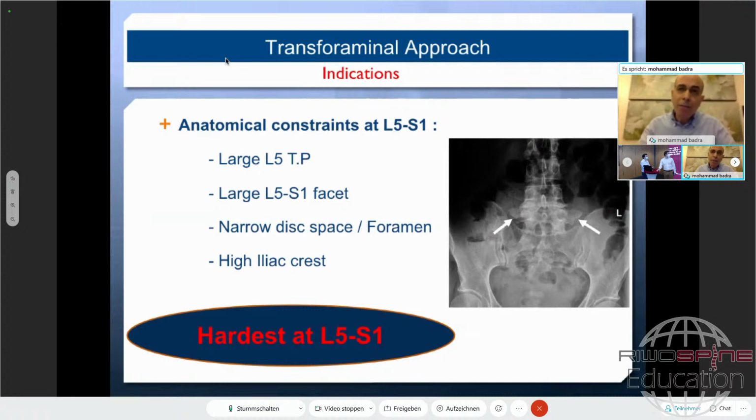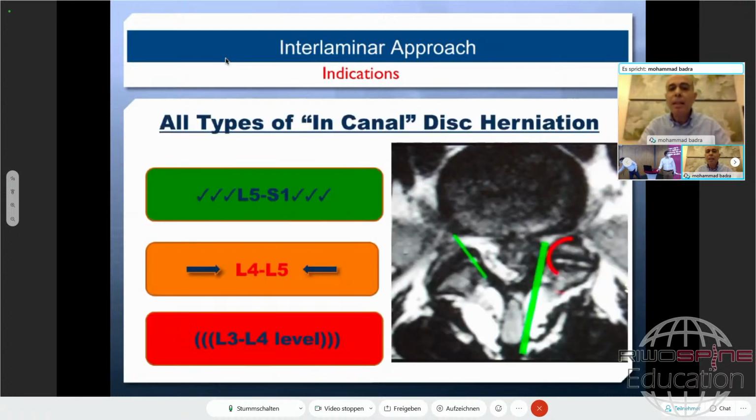So if you want to start your training curve with a transforaminal approach, don't select a patient with an L5-S1 disc hernia, because the chance of not succeeding in going into the spinal canal is high. Maybe choose a patient with an L4, L5, or L3, L4 disc, because it's much easier to do the transforaminal approach at these levels.